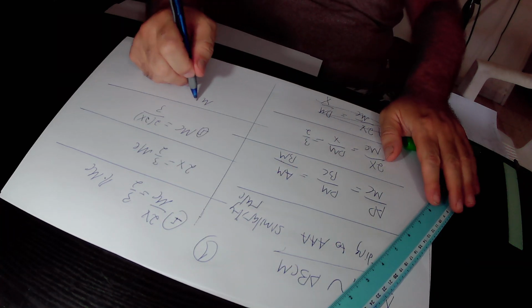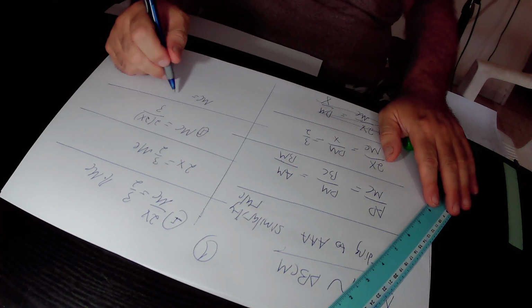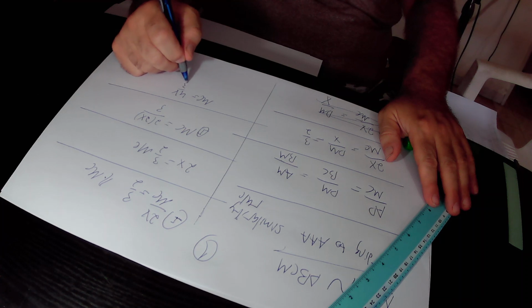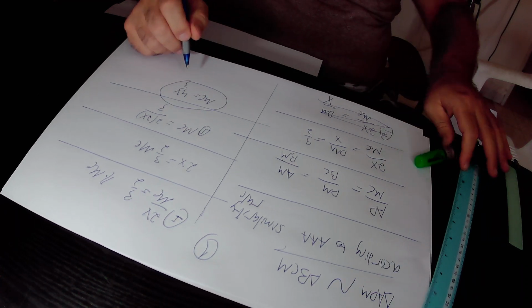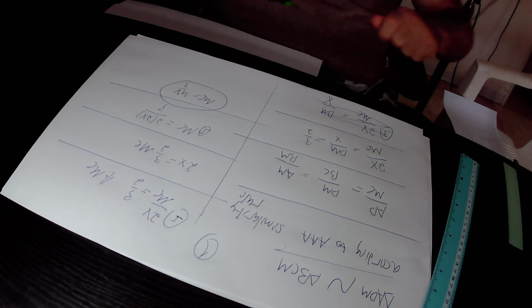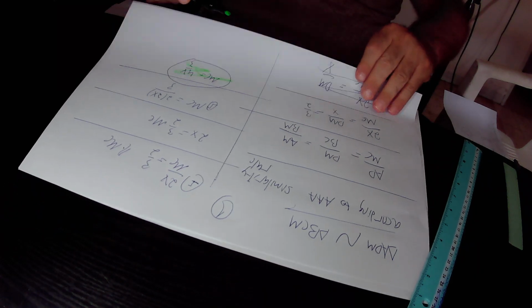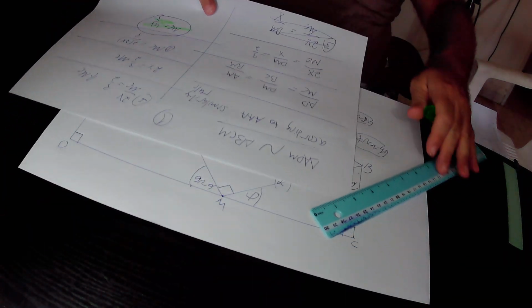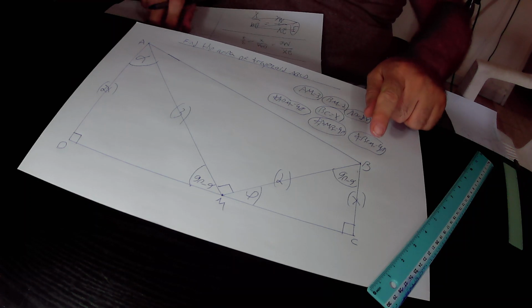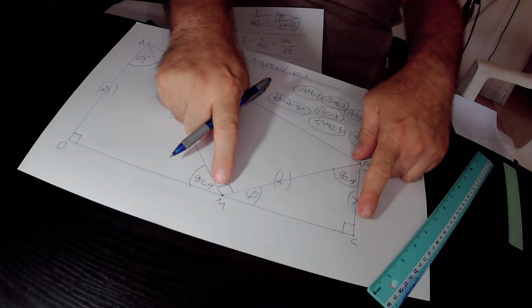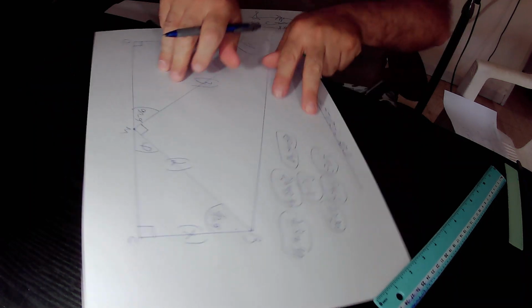So MC equals 4x over 3. So I found out that MC equals 4x over 3 units in its length.